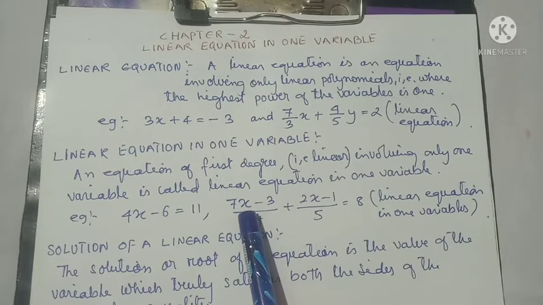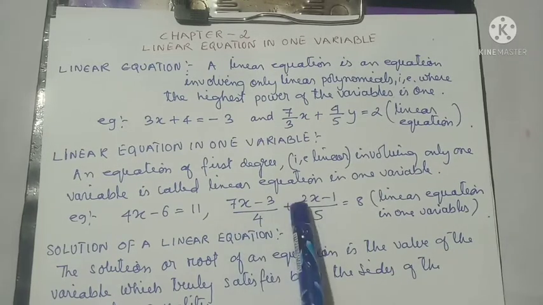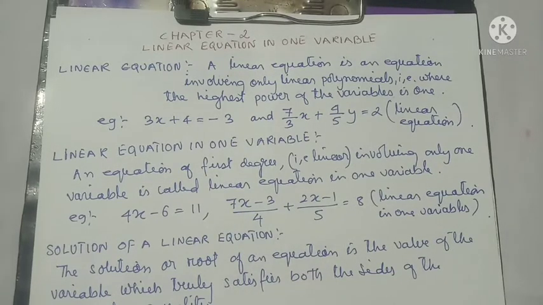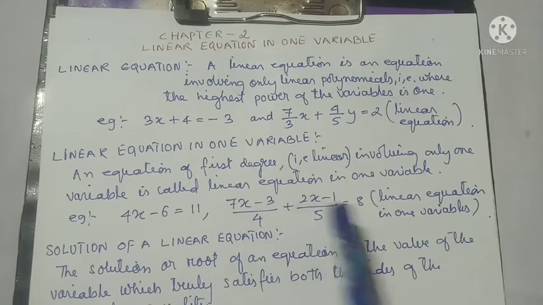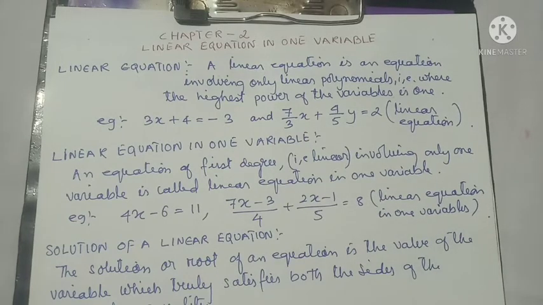See, here the variables x are the same. If there are two variables, x and y, not the same letter, then we will say it is a linear equation in two variables. Whereas in this case, the variable letters are the same, so we cannot say that it is two variables. We have to say that it is one variable.